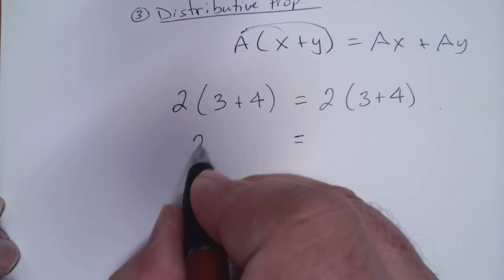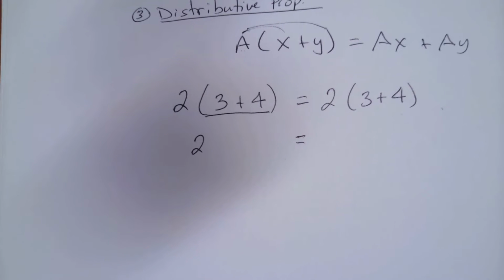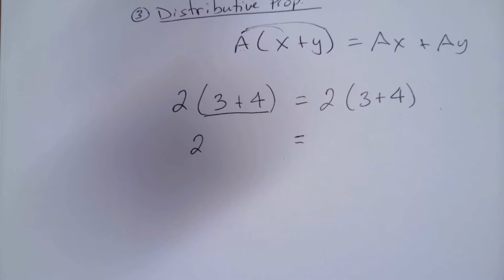Do the parentheses first. So we have to do inside here. Why does it tell us to do the parentheses first? What set of rules tells us that? The order of operations. Remember the order of operations? What's the first step of order of operations?